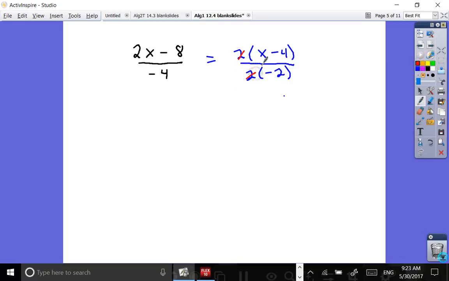Cancel, cancel. So this is x minus 4 over negative 2, which you could write like this, negative 1/2 x plus 2. Right, the x over negative 2 is negative 1/2 x. The negative 4 over negative 2 is plus 2.